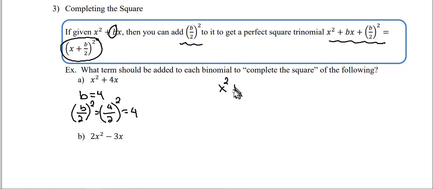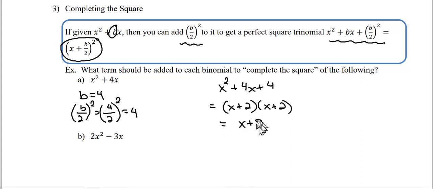Let me show you the benefit of that. If we add 4 to that, the benefit is that that is equal to x plus 2 times x plus 2. If you factor that, you see you're looking for two numbers that multiply to give you 4 and add up to 4, which is this perfect square trinomial, x plus 2 quantity squared, when you put it in its factored form.